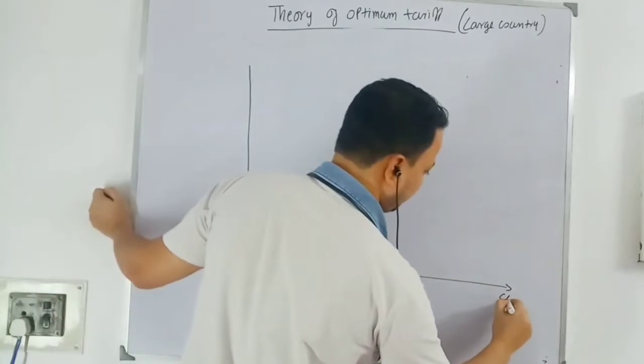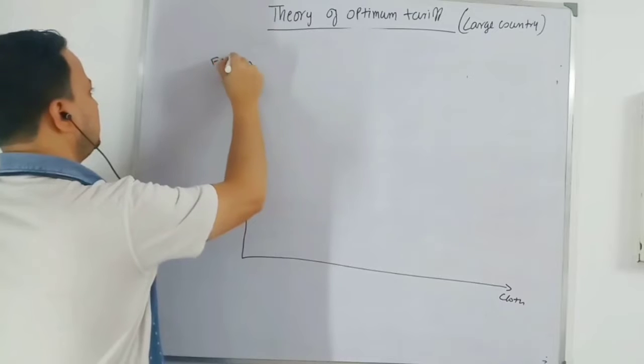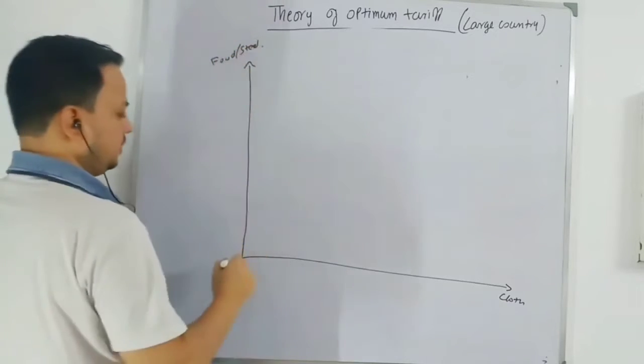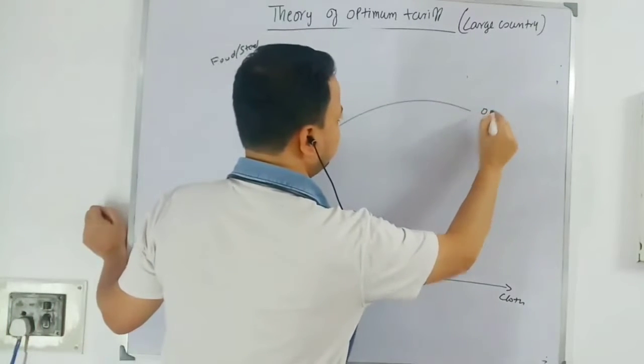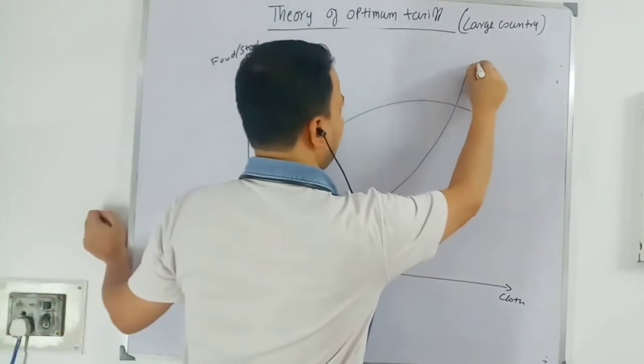So here I am writing cloth, which is an export for the home country, and here you can write food or steak, whatever you want to write. So this is the offer curve of the foreign country. This is the offer curve of the home country.